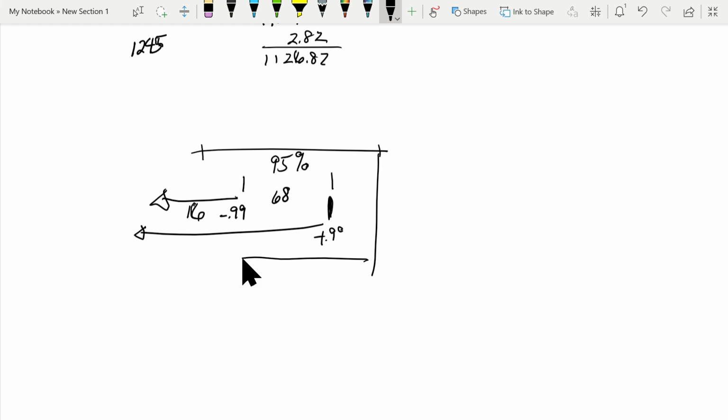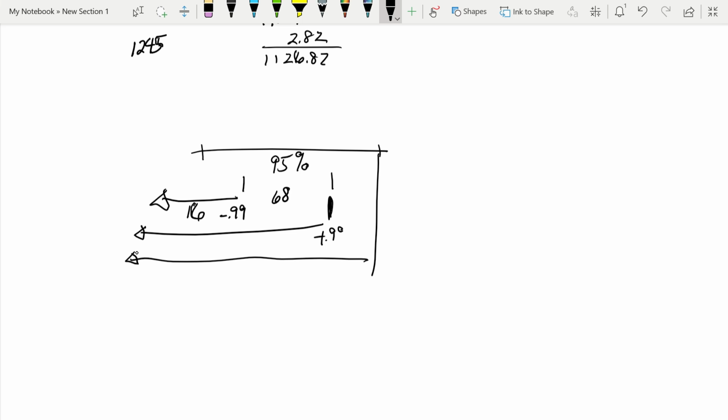What am I going to look up for the upper end of the 95%? 95% in the middle, and I have to come from the far end of negative infinity. What's the percent of area to the left of that mark right there?